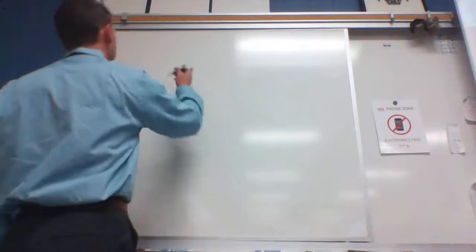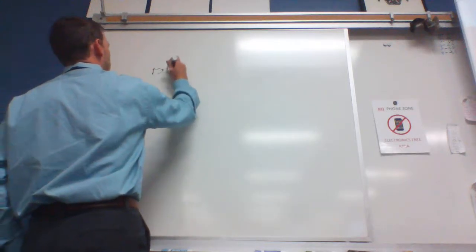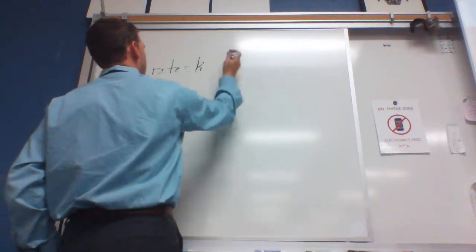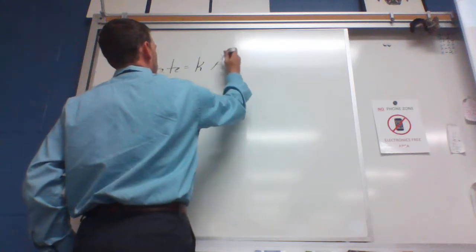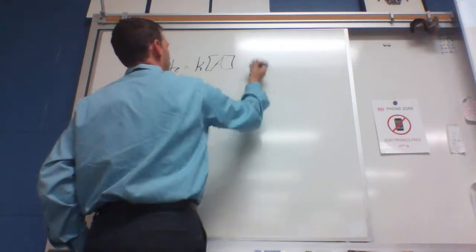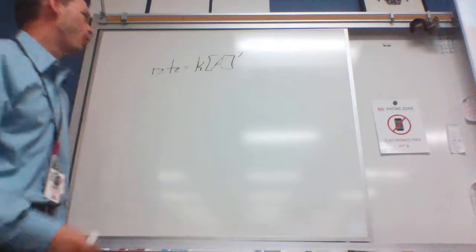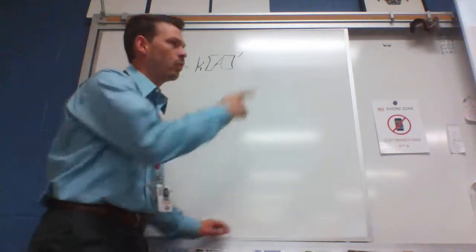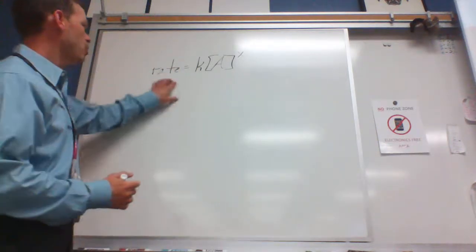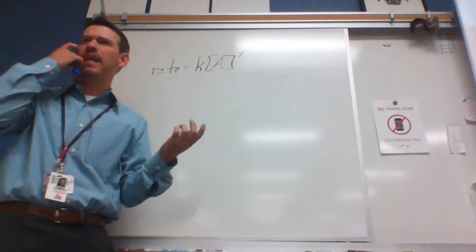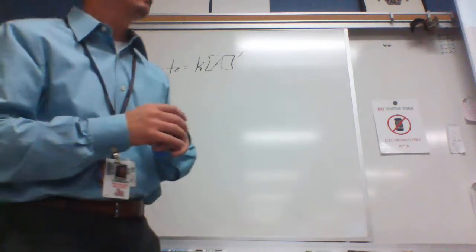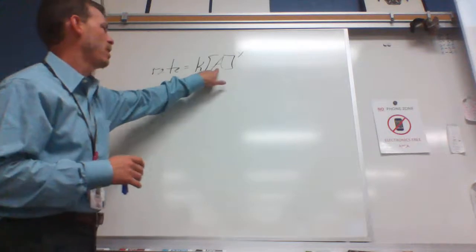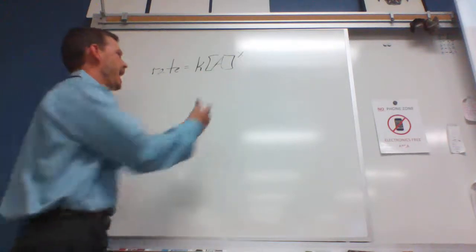So we know that the rate law is the rate and then K and then whatever this guy is, raised to an order. If you read through the wording here, it has you do some very specific things to some of those variables. What happens to the concentration? It doubles.